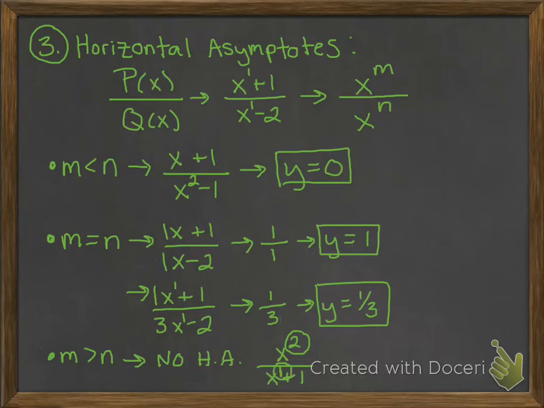Therefore, its horizontal asymptote would be y, not equals, but y does not exist. Or we can just say the horizontal asymptote does not exist. Okay, however you want to say it is okay. So DNE is a common acronym for does not exist. And that will conclude this tutorial.